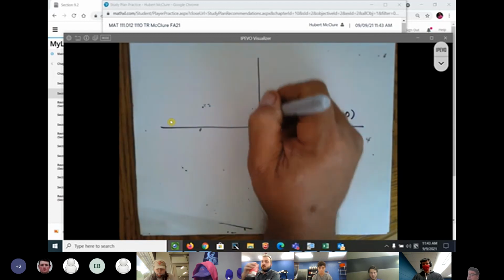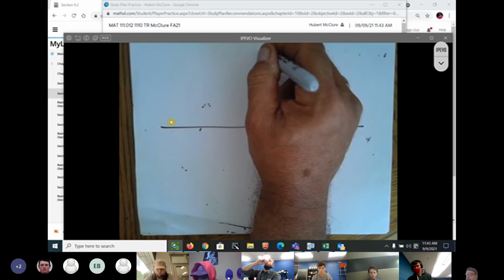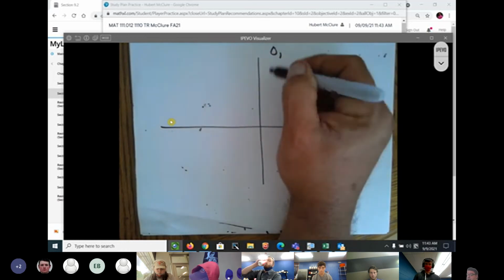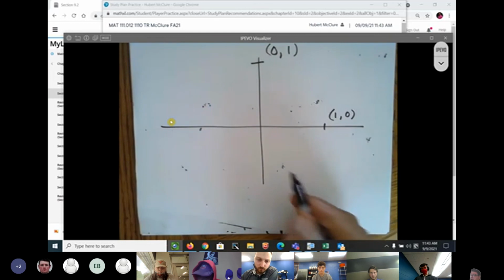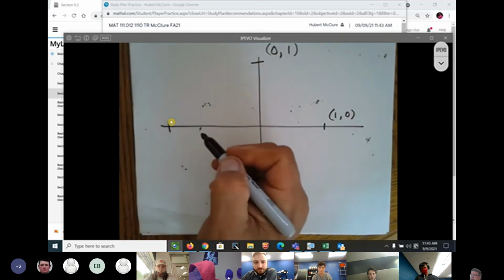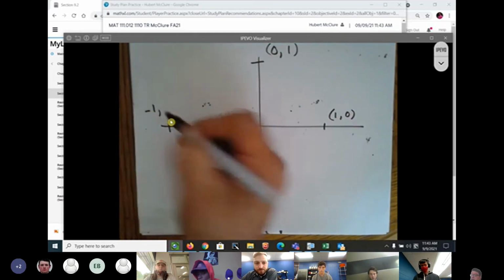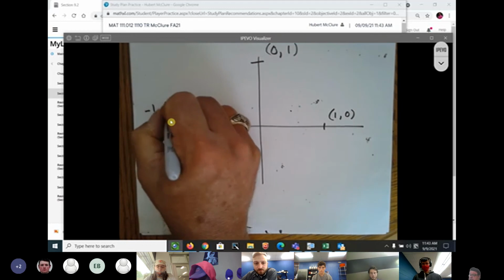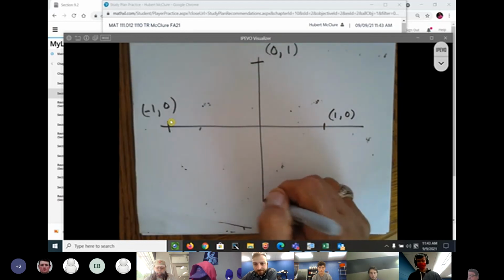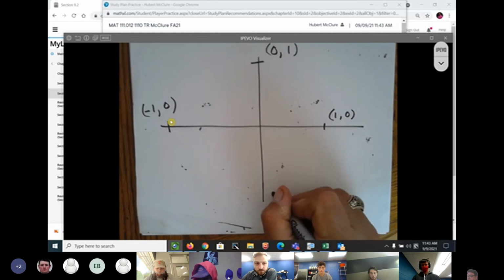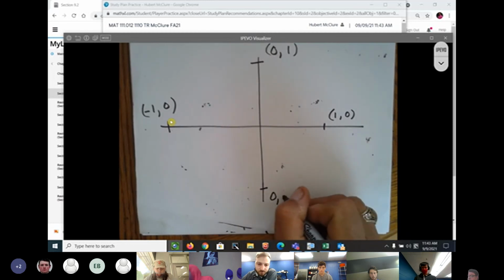This one, you go in the x direction 0, and you go in the y direction 1. This one, you go in the x direction -1 and the y direction 0. And then here, you go in the x direction 0 and the y direction -1.